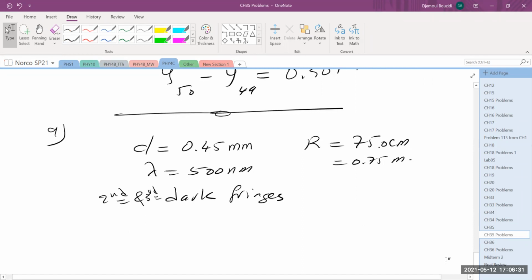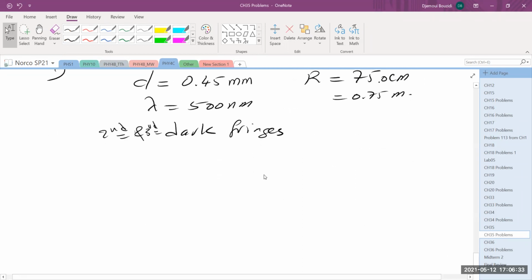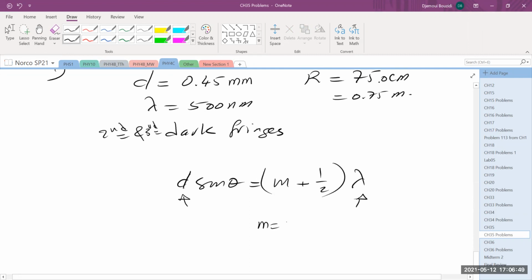Dark fringes obey a law that is slightly different. It says d sine theta is equal to m plus 1/2 times lambda. That's all. We have lambda, we have d, and we need to figure out what m needs to be. For m equals 0, that is the first.